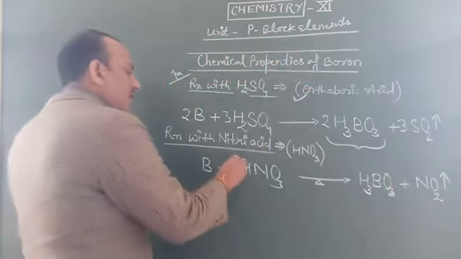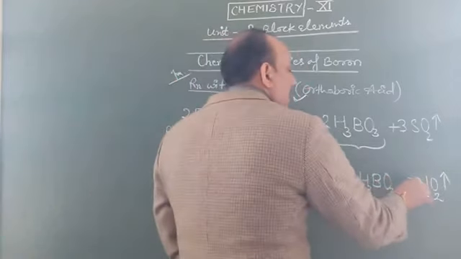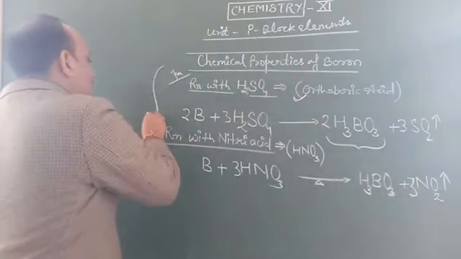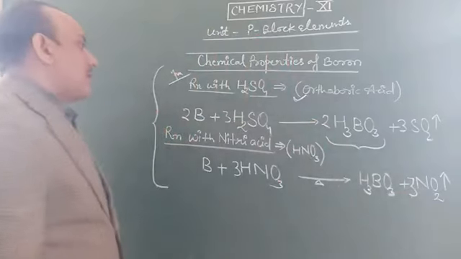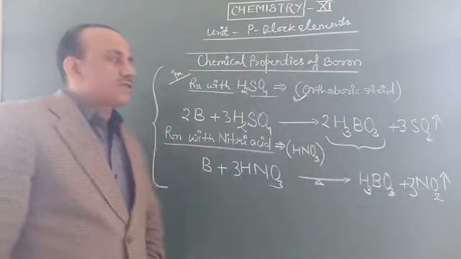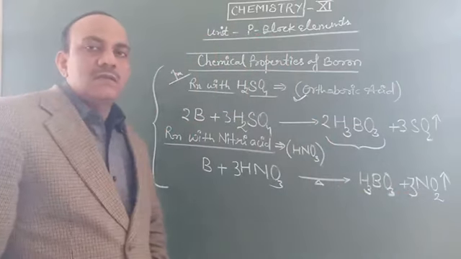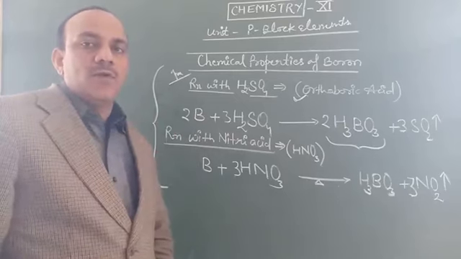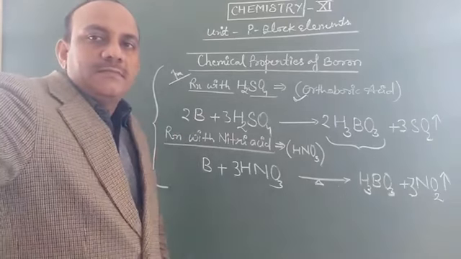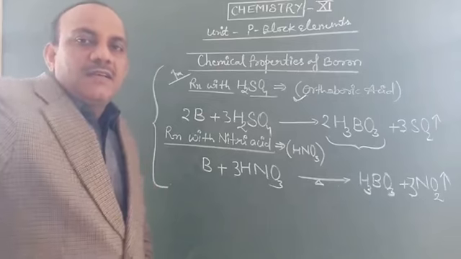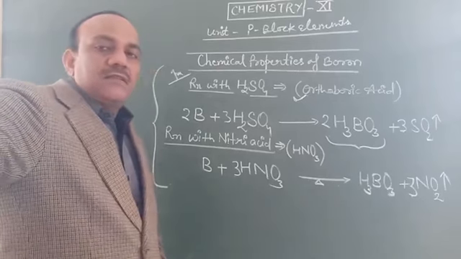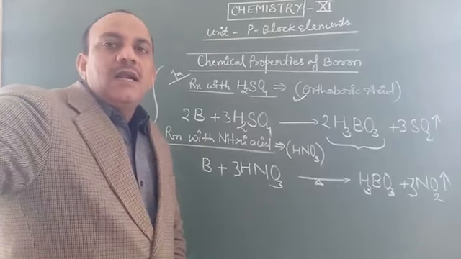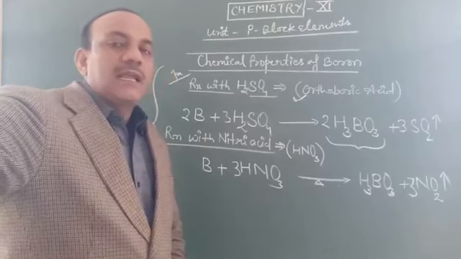For balancing we use 3 and 3. So both reactions belong to the category of oxidation by acids, and in these reactions the product is formed in acidic form. Students, in another class we will take more chemical properties, explain their concept and also give their chemical reactions.